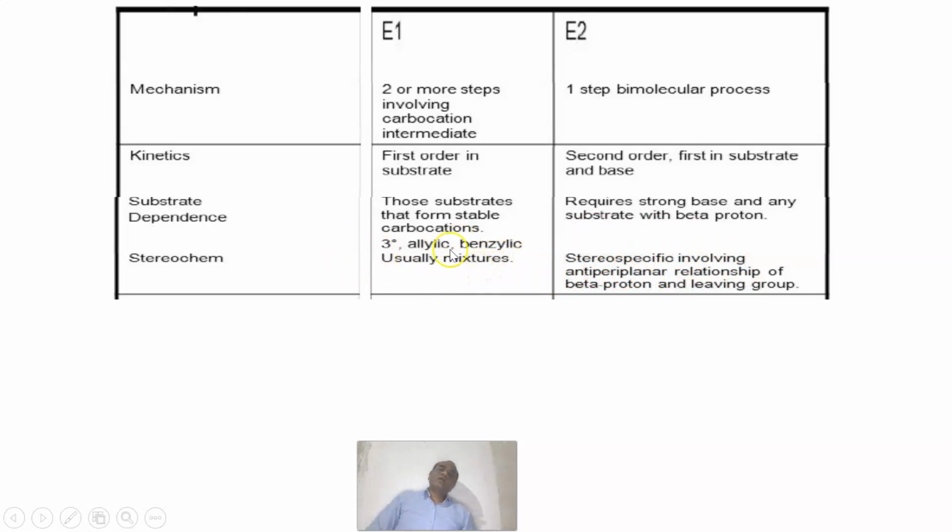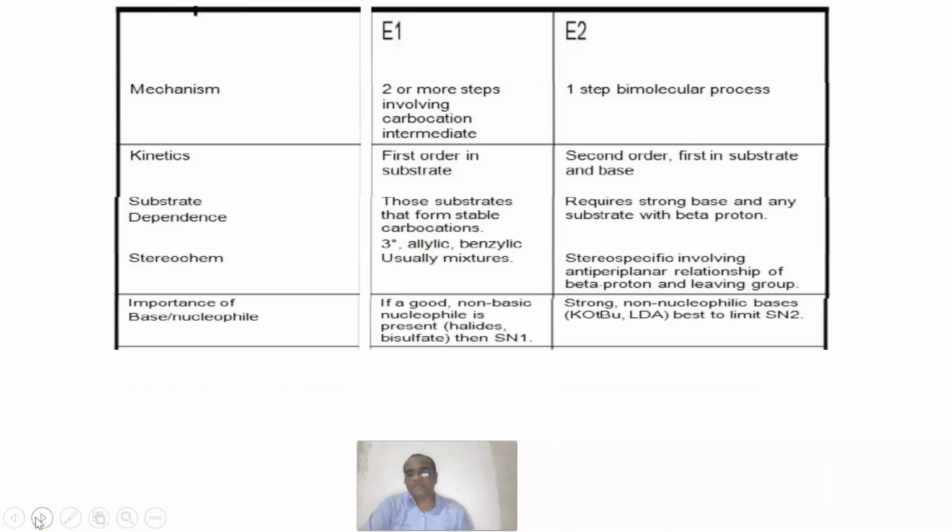The reason is that the carbocation formed as an intermediate tries to form a more stable structure or a more stable carbocation, and due to this the stereochemistry of the structure changes. So it is not said to be stereospecific.